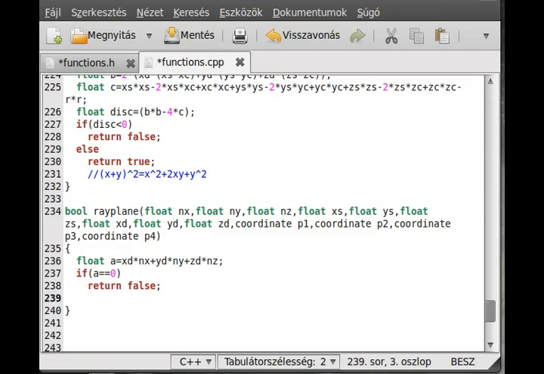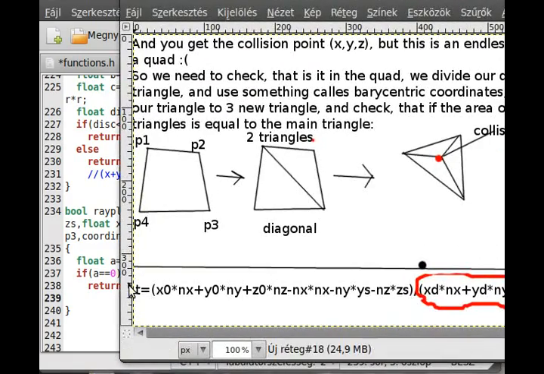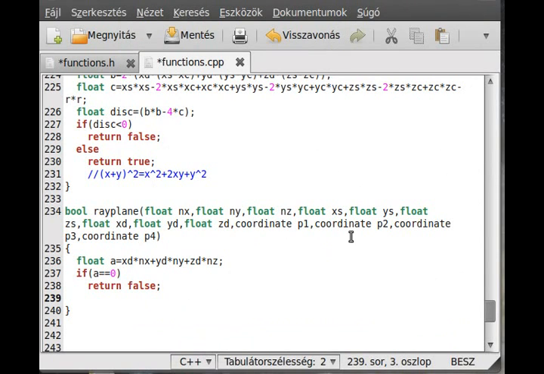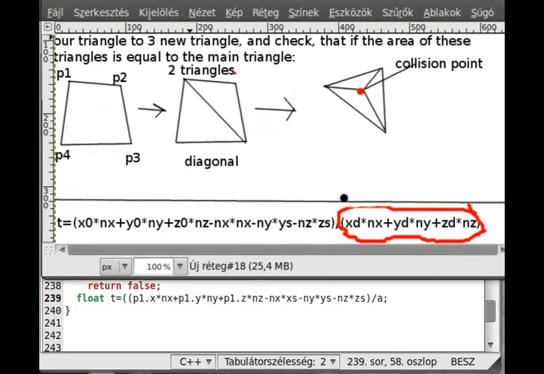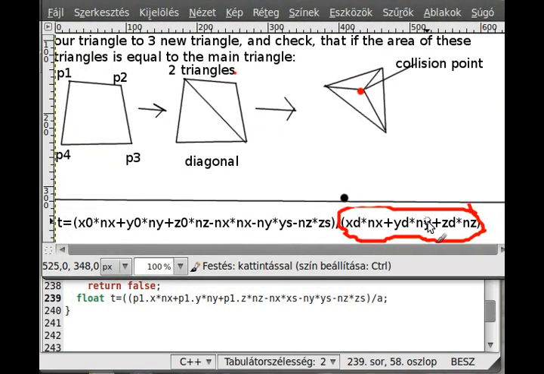Now we need to actually calculate the t, so I just type this long line in here. Actually it is almost the same as the line in here. There are two little differences. One is that x null, y null and z null do not exist.